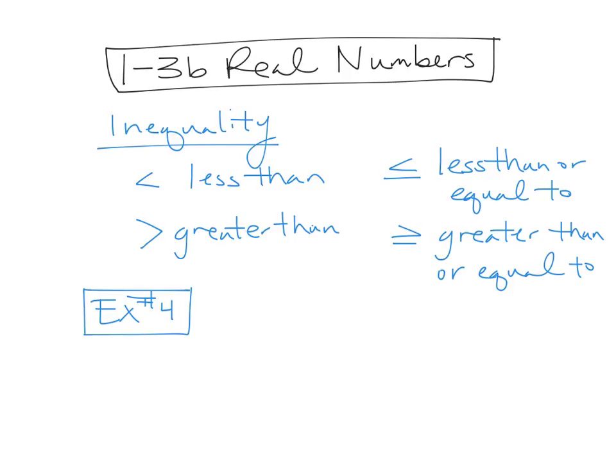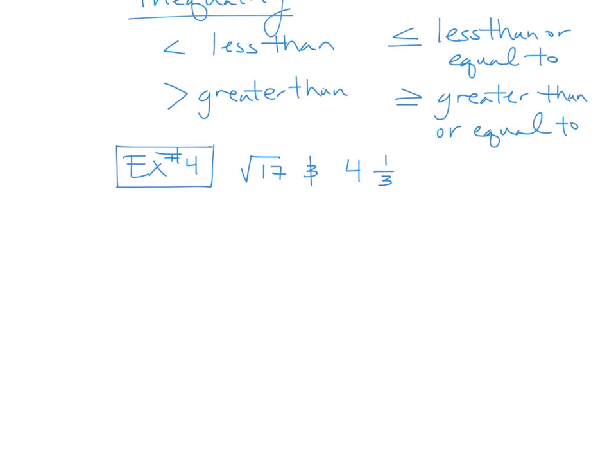I want to know what inequality would compare the numbers the square root of 17 and 4 1/3. Okay, I want to know which one is less than, greater than, less than or equal to, greater than or equal to.